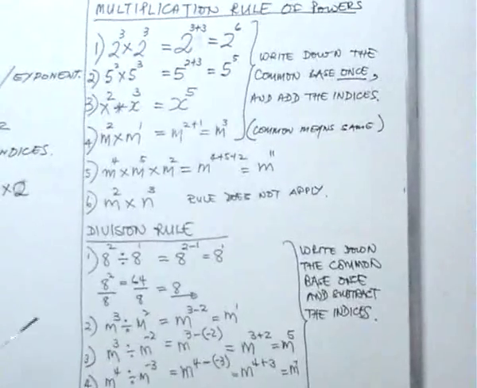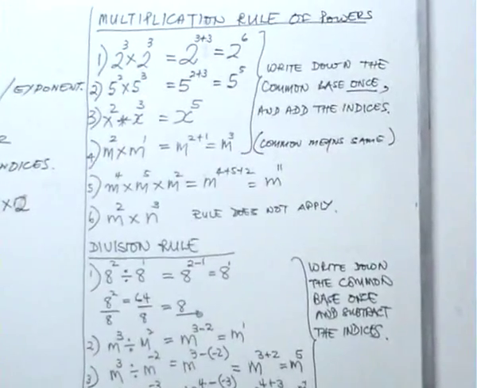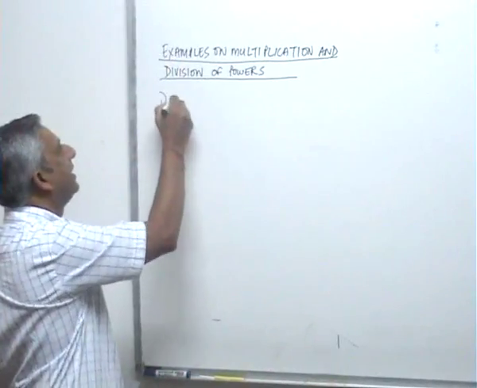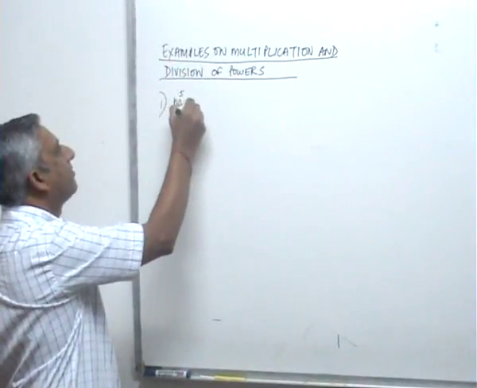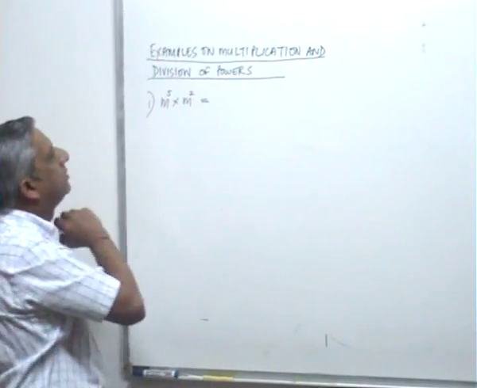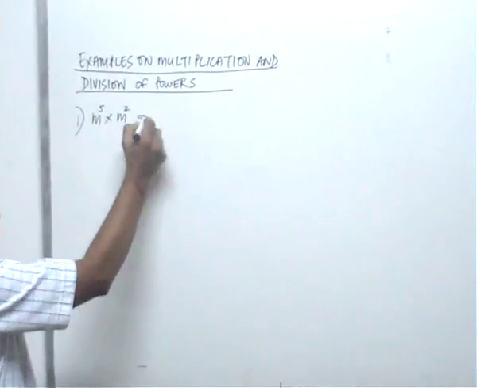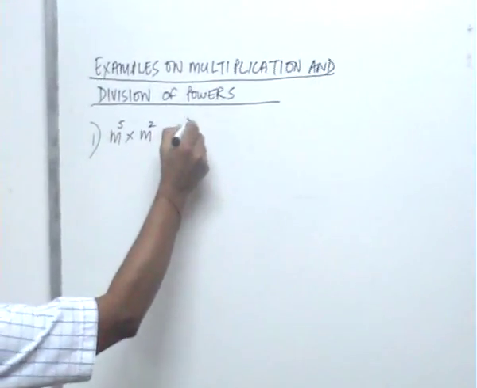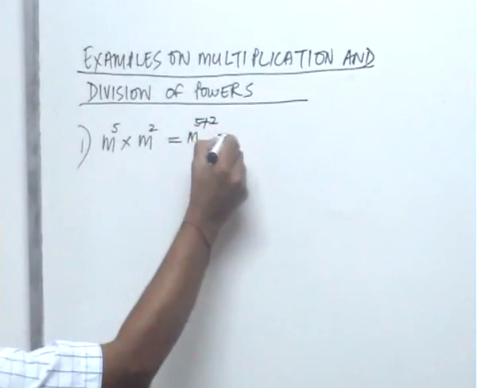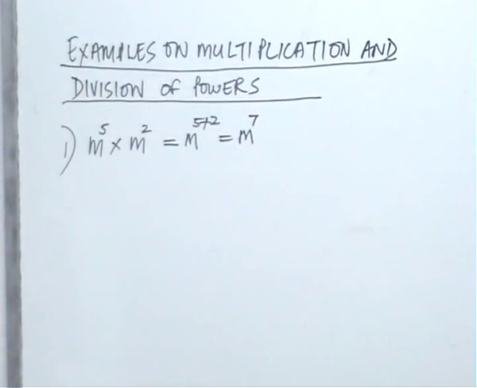Alright, let's move on to a little exercise now. Take the first example, m to the 5 times m to the 2. So when you read this question, you'll say, well, this is multiplication, write down the common base once, add the indices, and the final answer is m to the 7.